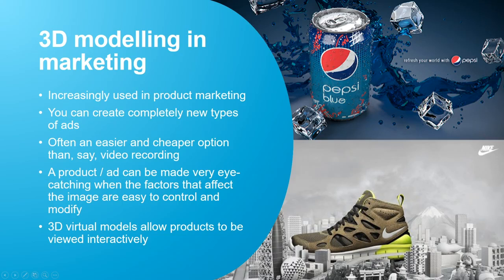Often, an ad made by modeling makes it more spectacular, but it is also an easier and cheaper way to make an ad. The product can be advertised using a 3D model in exactly the light and environment where it is most spectacular. Sometimes a 3D model of a product can also be viewed interactively by rotating and flipping, for example, on the product's website.